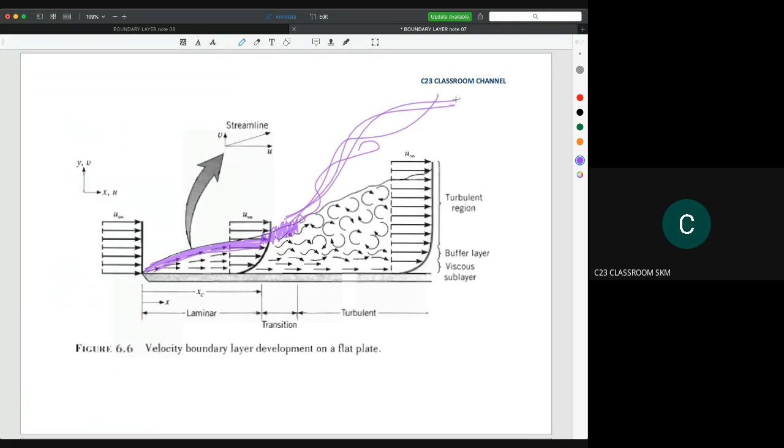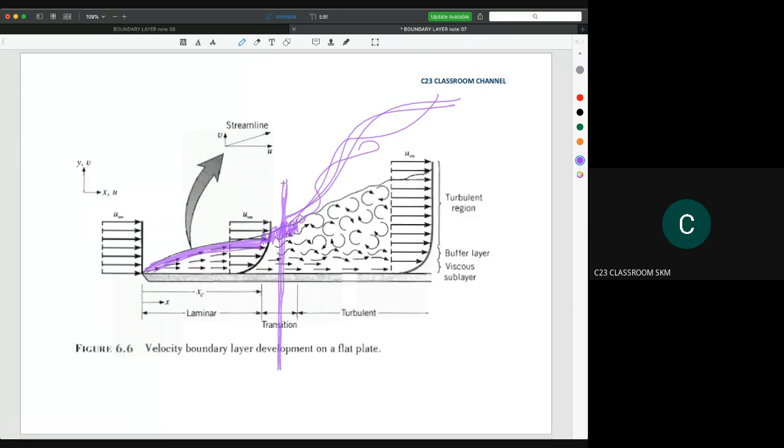So 5 times 10 to the power of 5 is actually the transition borderline. Normally we take 5 times 10 to the power of 5. So we assume that from that limit, more than 50% of the flow has changed into turbulent condition.